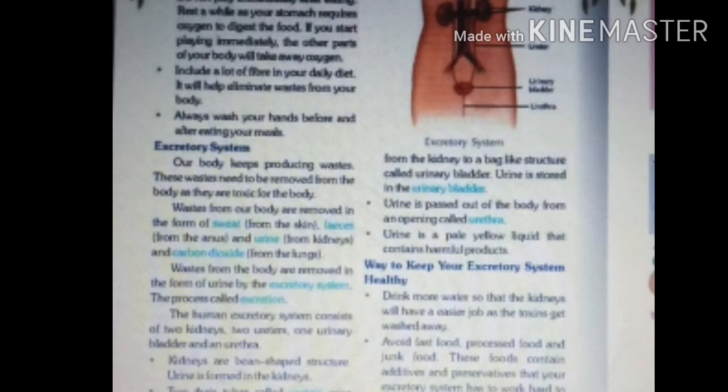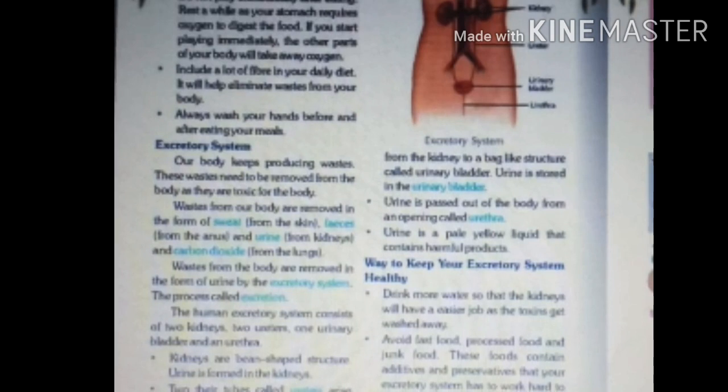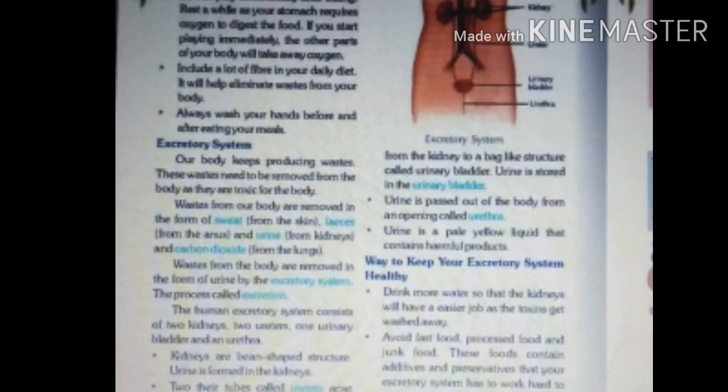First of all, kidneys. Kidneys are bean-shaped structures, and here urine is formed in the kidneys. Two tubes called ureters arise from each kidney, and what they do?